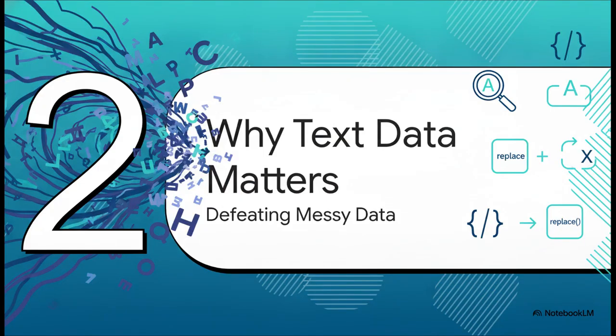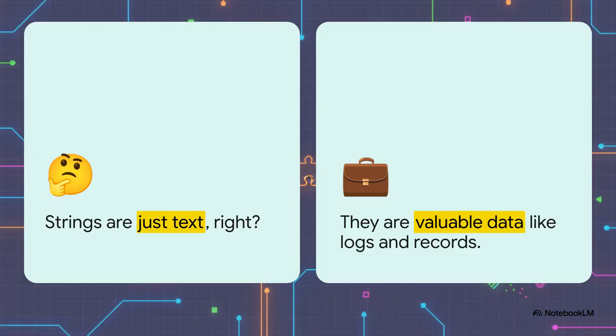Moving right along to Section 2, Why Text Data Matters, Defeating Messy Data. It's really easy to fall into the beginner's trap of seeing strings as just simple text. But the professional's reality? It's entirely different. We are talking about critical, messy data here. Customer names, bank transactions, medical records, chatbot conversations, system logs, the whole shebang.